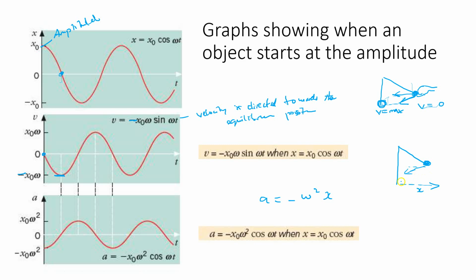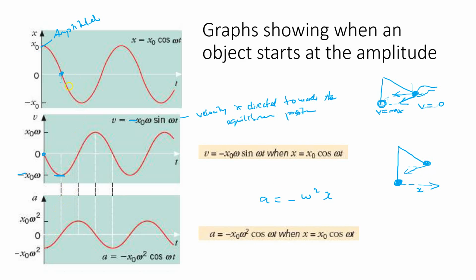As you come to the center, your acceleration goes to zero, because the acceleration is directly proportional to the displacement. So the further away you displace the object, the more acceleration it is going to have at the amplitude.